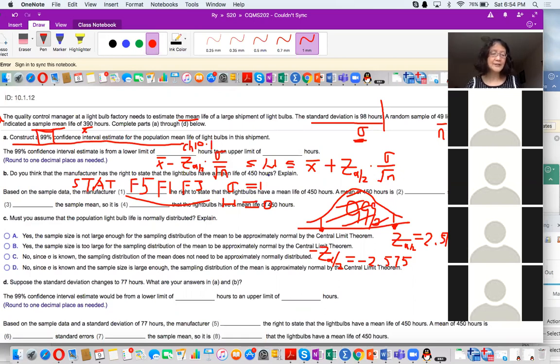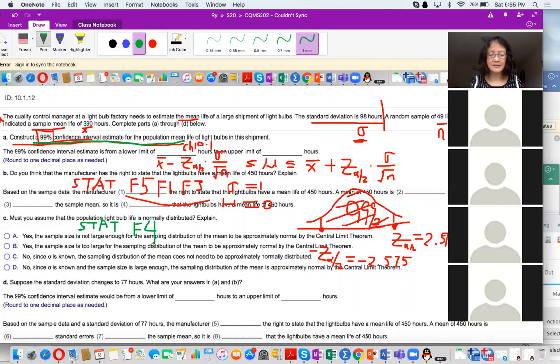Okay, so next, I'm going to introduce the calculator method to find the 99% confidence interval estimate for population mean. On your calculator, the question asks for interval, so make sure it is STAT mode. And then you press the F4 button, interval.